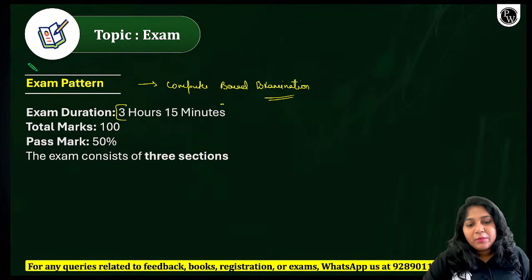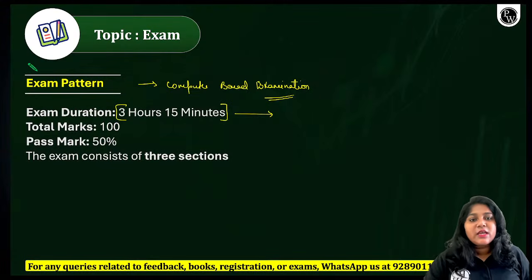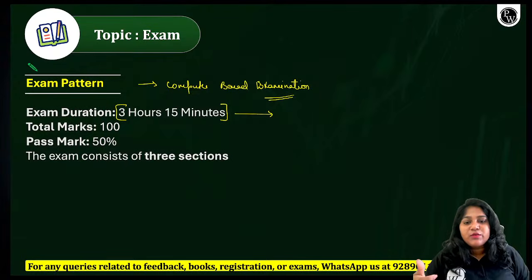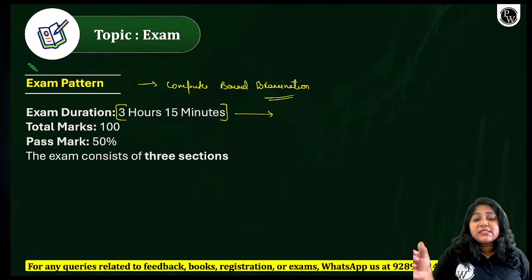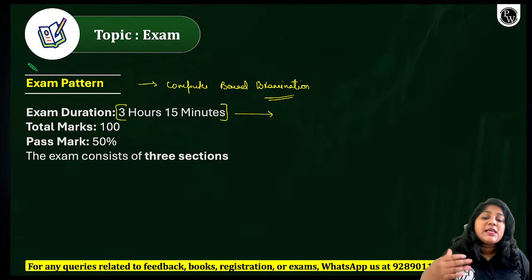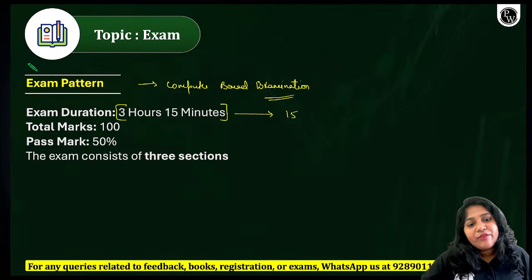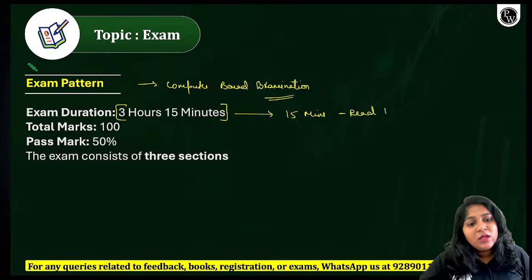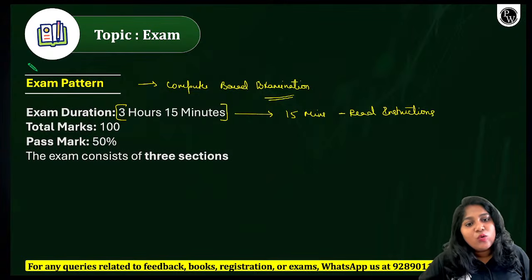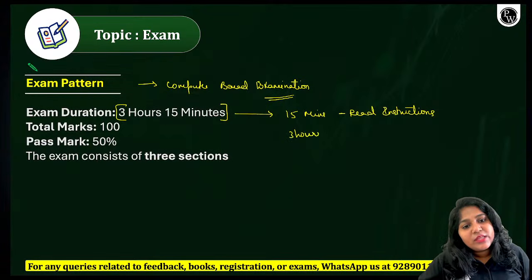3 hours 15 minutes. Most of us get confused: are we going to have exam timing of 3 hours 15 minutes? Definitely not. The 15 minutes is purely to read instructions, and only 3 hours is for the exam.